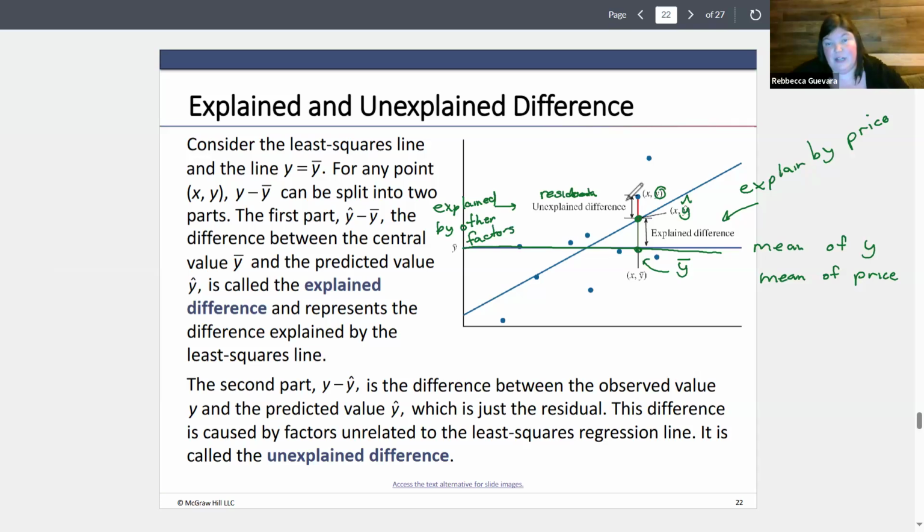The difference that we see between an actual value and the mean is partly explained simply by the data that you're looking at. Sorry, not price, footage. That part is explained by the square feet of the house. So the price is explained by that, and then part of it is explained by other factors, and that is the residual.